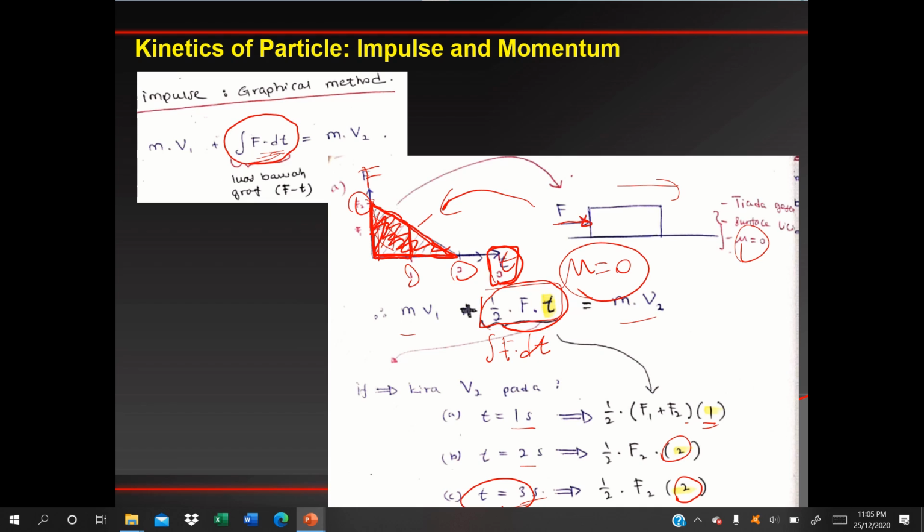So you can calculate only for this part, up to 2 seconds, because that is the only graph you have. Even if the question asks at 3, 4 or 5 seconds, you can only replace up to 2 seconds, because the force available to you is only up to 2 seconds. This is the case if the friction is 0.